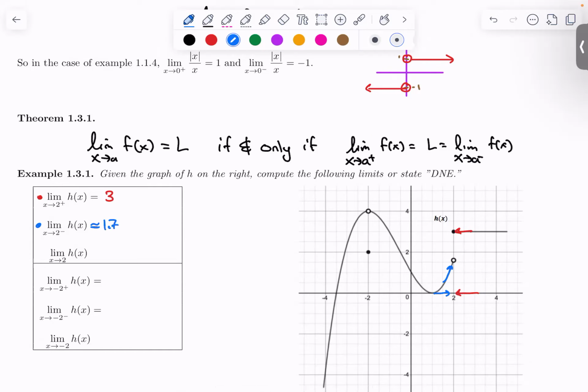So now we could look at this and say immediately, well, of course, the limit as x approaches 2 doesn't exist. But now we have a more formal reason why it doesn't exist, because the left and the right-hand limits don't agree. So it does not exist because the limit as x approaches 2 from the left of h of x does not equal the limit as x approaches 2 from the right of h of x.